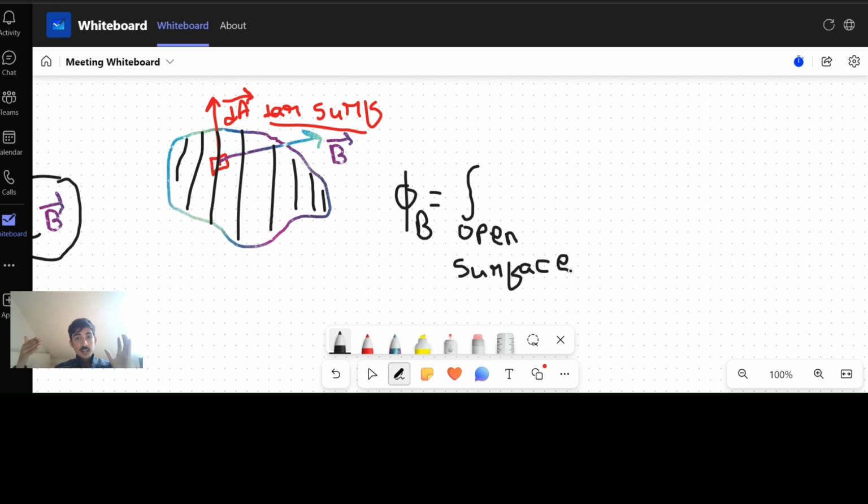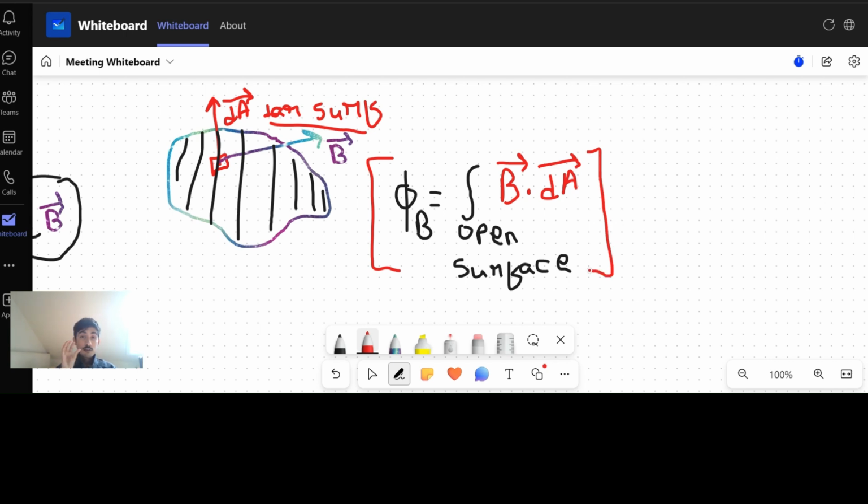That is why the magnetic flux is able to pass through, isn't it? Now the magnetic flux is defined by the integral of B dot dA. So this is essentially what magnetic flux is.